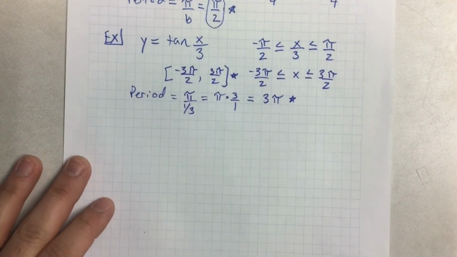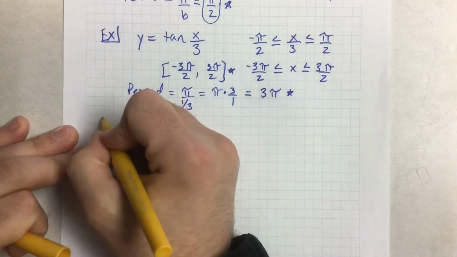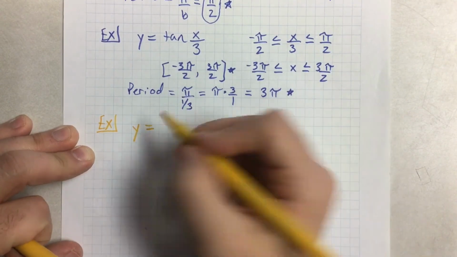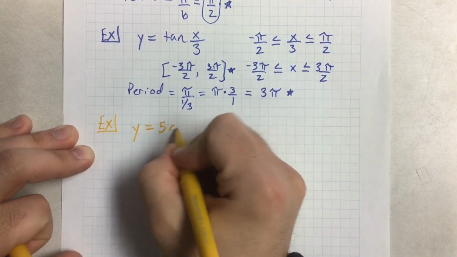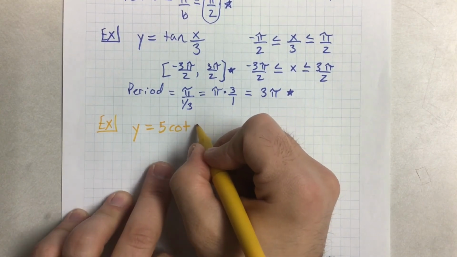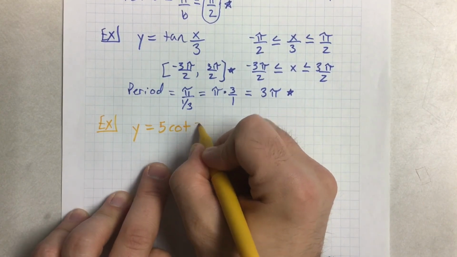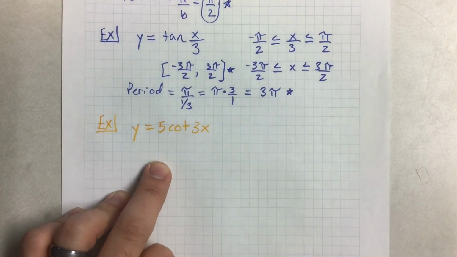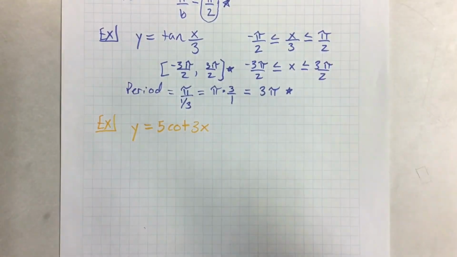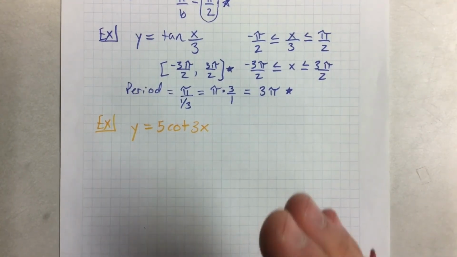So how does this look different when we have cotangent? Let's say we have 5 cotangent of 3x. With cotangent, the basic interval is different than tangent.